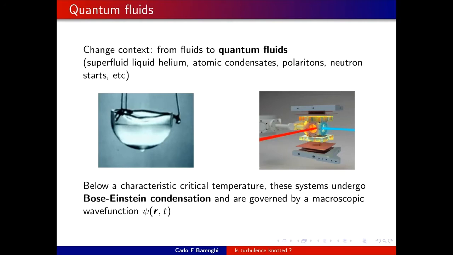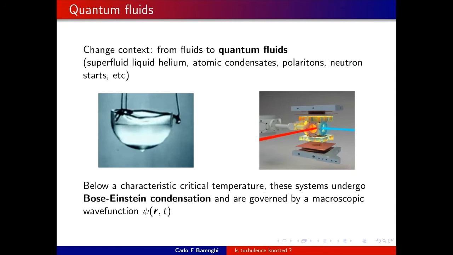And then it was discovered it has to do with superfluidity, essentially superfluid helium, and then in the late 1990s to other systems which are essentially small clouds of atomic gases. So the context is different, it's more of a context of atomic physics and people working with lasers.